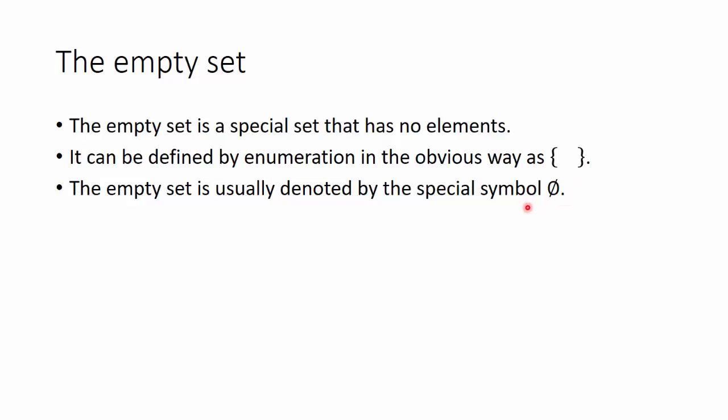The empty set is more commonly denoted by a special symbol that looks like a 0 with a line going through it. So the empty set is a special set that has no elements. A set is a collection of entities that are called its elements. Sometimes that collection may be empty, and in that case the set is called the empty set.